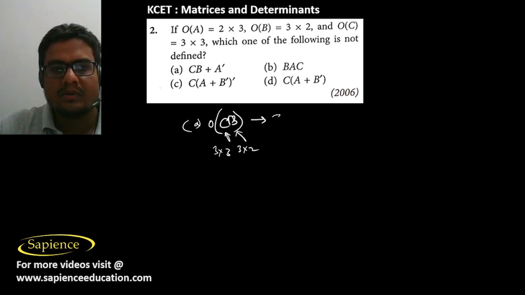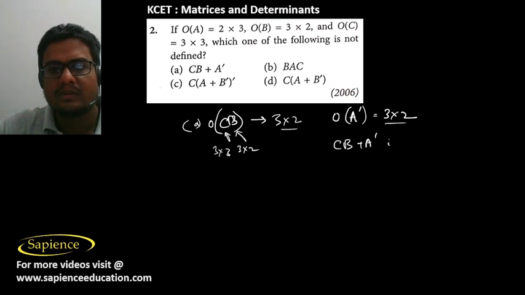So CB will be of the order 3 cross 2 and A transpose will also be of the order 3 cross 2. So they are of the same order, that's why they can be added. So CB plus A transpose is defined.